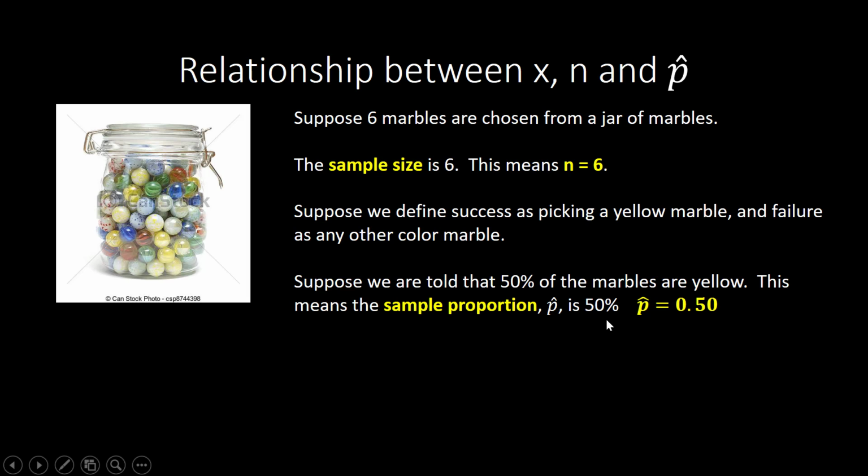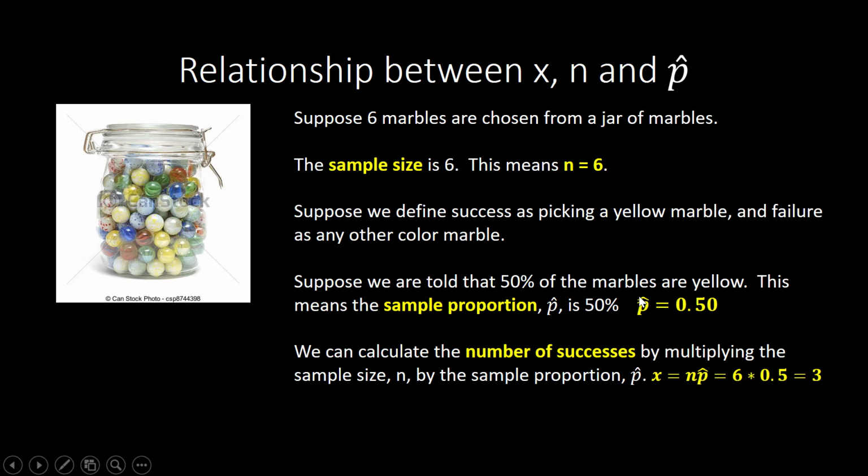Instead, we're given p hat. In other words, we're told that 50% of the sample is yellow. So how can we use n and p hat to calculate the number of successes? Well, quite simply, all we have to do is find 50% of 6. And of, remember, means multiply. So 6 times 0.5 is 3.